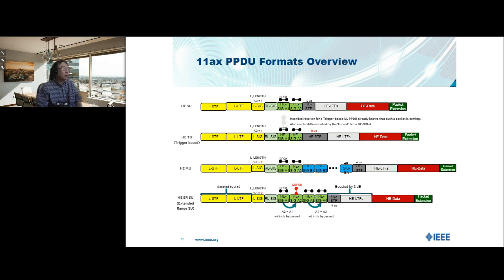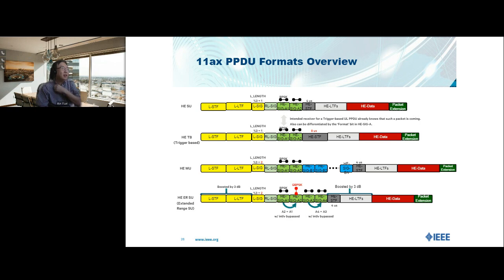Now we go to the data portion. Then HE-LTF for re-estimated channel. Then the HE data portion for transmitted data. Then we have something called packet extension. So this figure provides you the overall picture of what this packet is. And by the way, it also has a lot of details about how to differentiate the different packet formats.